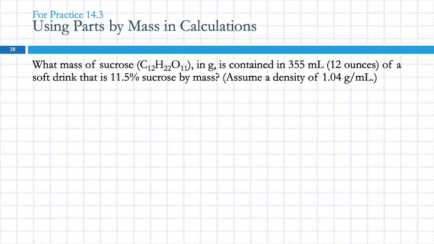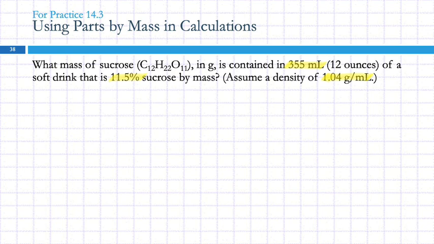What mass of sucrose in grams is contained in 355 milliliters of a soft drink that is 11.5% sucrose by mass? Assume a density of 1.04 grams per milliliter. A lot of these concentration problems really are just dimensional analysis. So we're given some numbers.